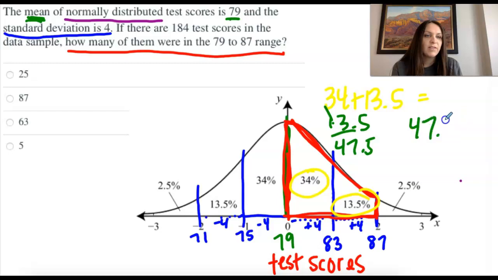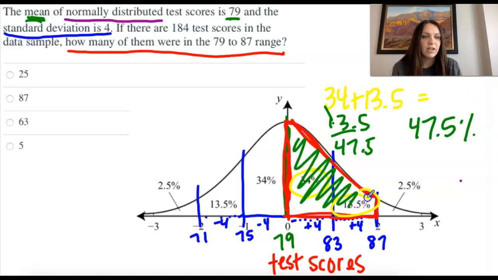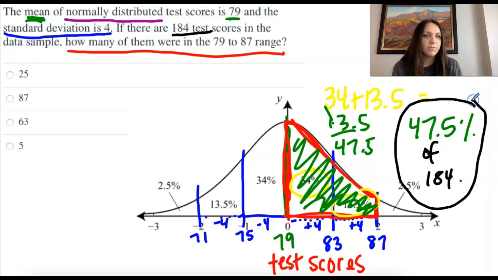So 47.5%, that's how much is in this area. That's what the question's asking for. So 47.5% of how many test scores? 184 test scores. So this is what we're trying to figure out.